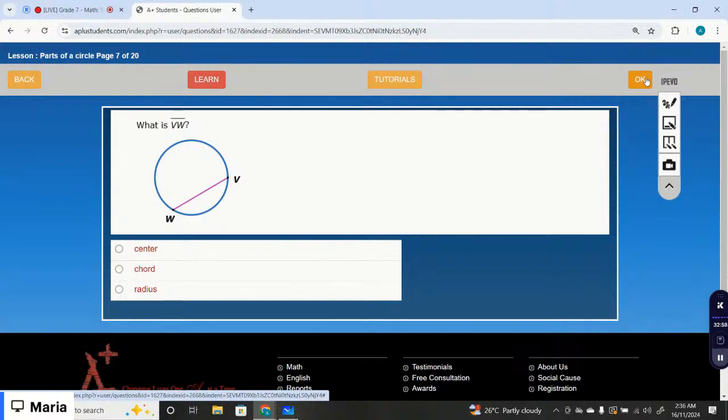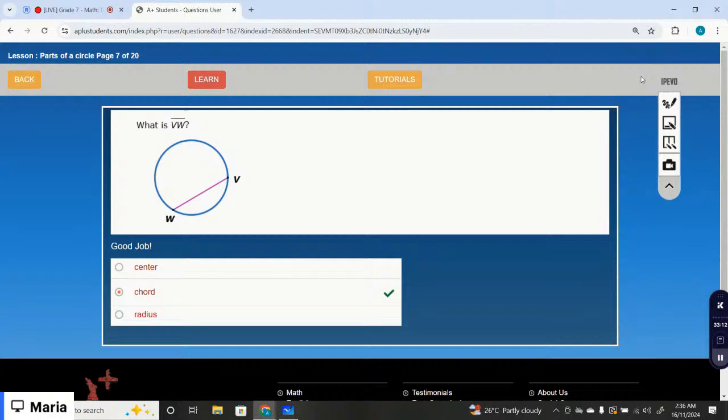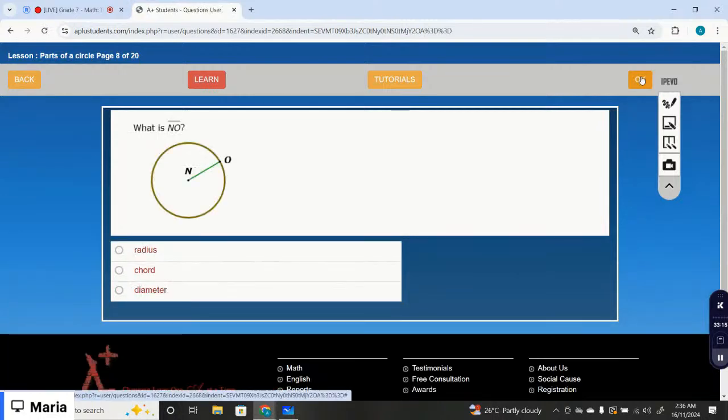What is VW? VW is the chord. The correct option is chord. Option number 2 is the correct option. What is NO?